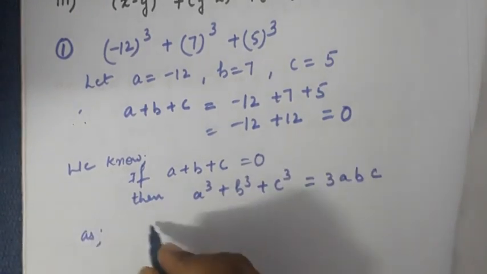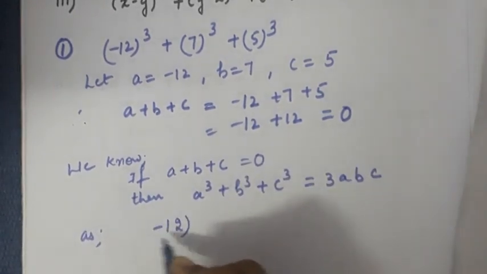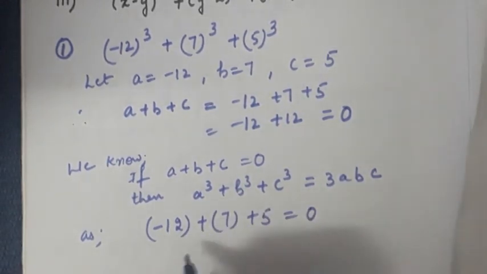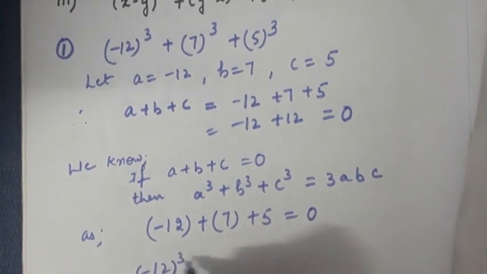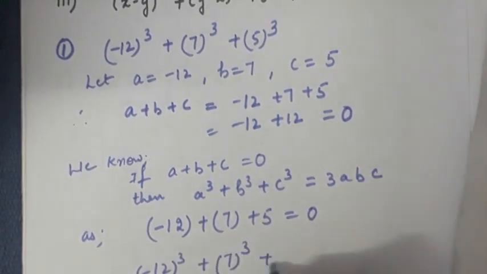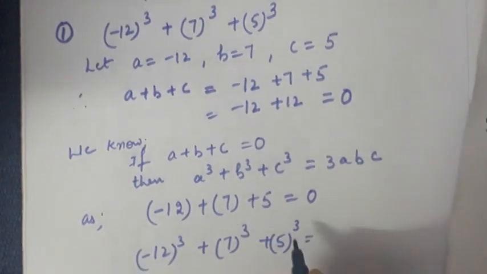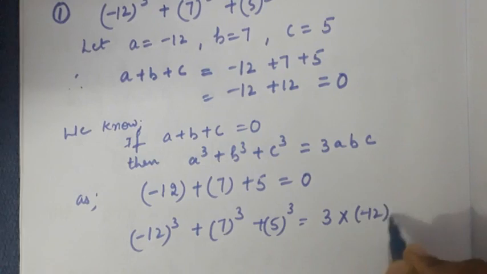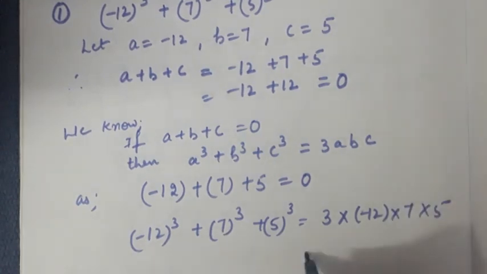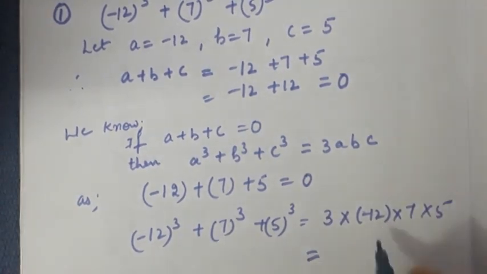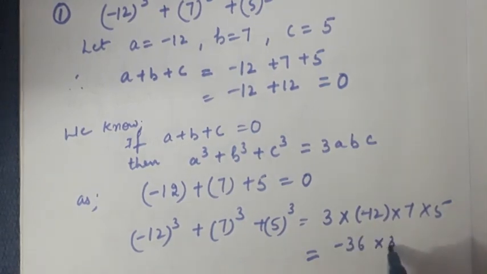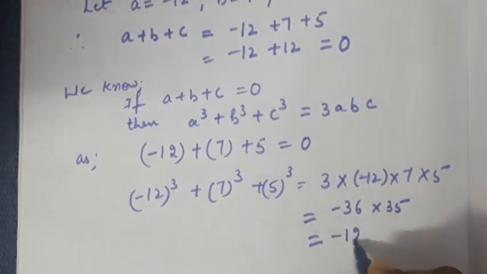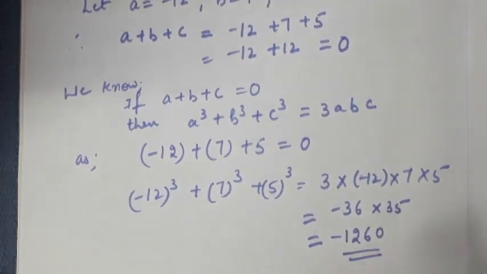As -12 + 7 + 5 = 0, so (-12)^3 + 7^3 + 5^3 will be equal to 3 into a, that is -12, into 7 into 5. It will be what? -36 into 35, which is equal to -1260. So this is our answer.